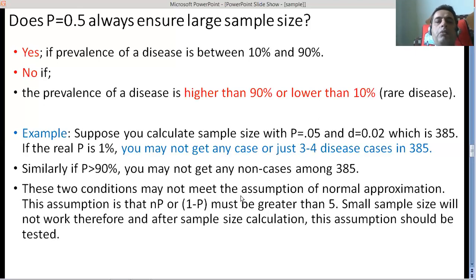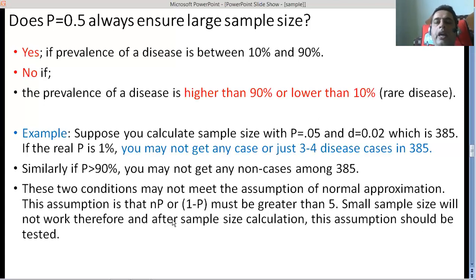These two conditions may not meet the assumptions of normal approximation. What is normal approximation? The two conditions that I mentioned would not meet this assumption. The approximation is that NP and N(1 minus P) must be greater than 5. A small sample size will therefore not work, and after sample size calculation, these assumptions should be tested.